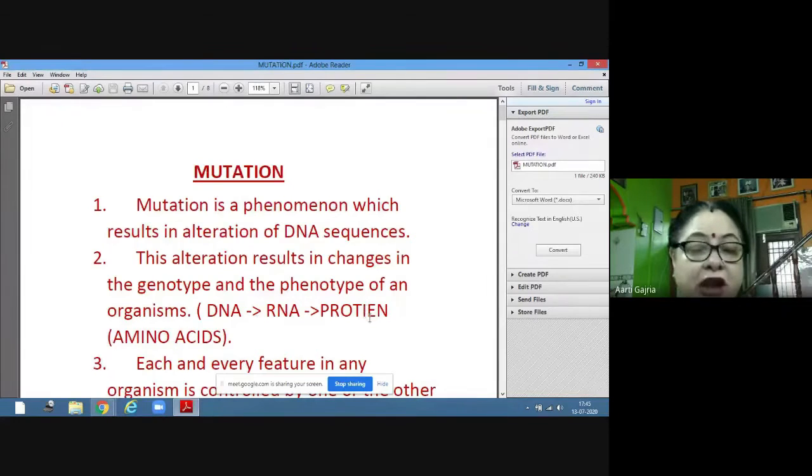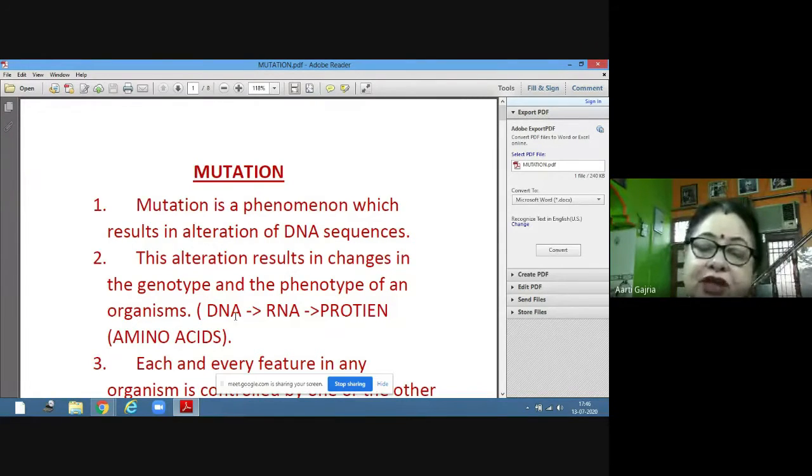But to understand the concept of mutation clearly, you should know that this genetic information, whatever is available on DNA, first is getting converted into messenger RNA, and then messenger RNA is utilized in forming proteins, and these proteins are made up of amino acids. Now these amino acids are deciding the phenotypic trait of the organism.